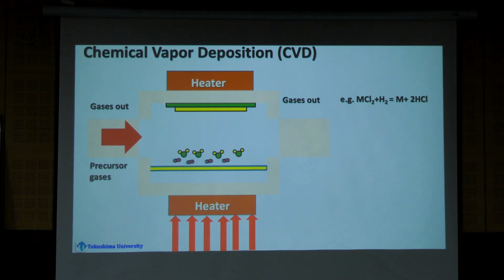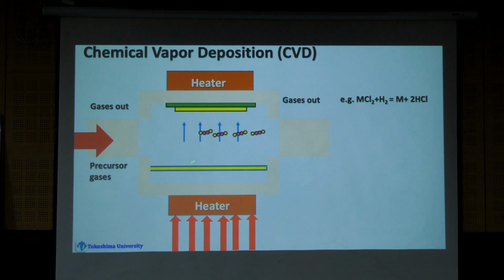One certain amount of gas comes, and then again you have heat, and this argon or hydrogen is transporting these species toward the substrate, okay, like this. Now, unwanted or impurity or byproduct gas will come out from the exit.